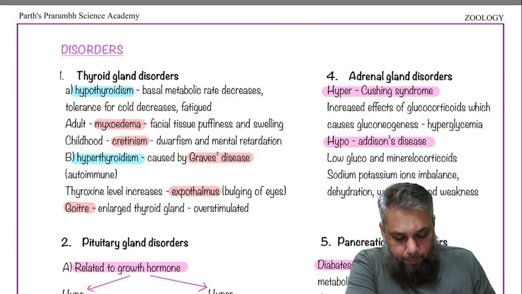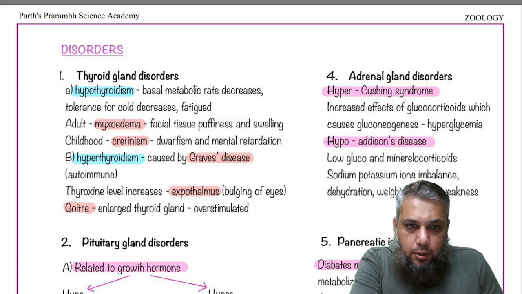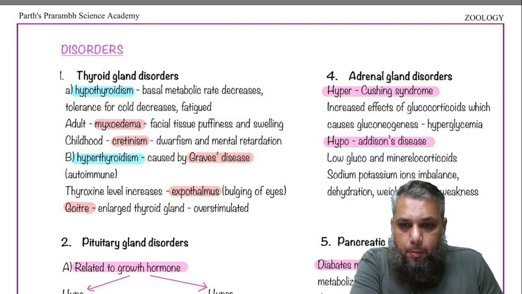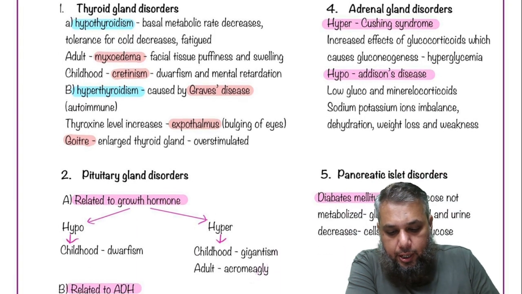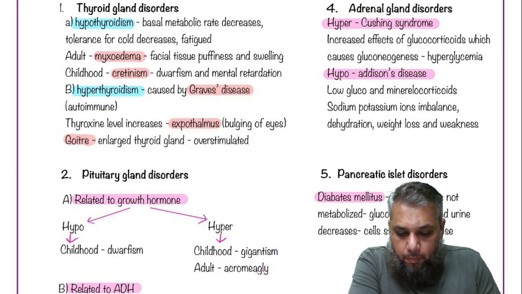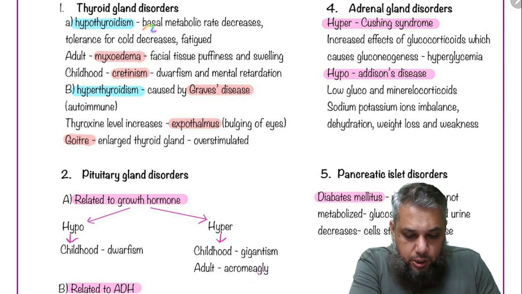Now in the end, some of the disorders about the pituitary gland we have already discussed. With respect to the thyroid gland, hypothyroidism is a condition where you see a decrease in the basal metabolic rate, tolerance for cold decreases, and the person feels fatigue.